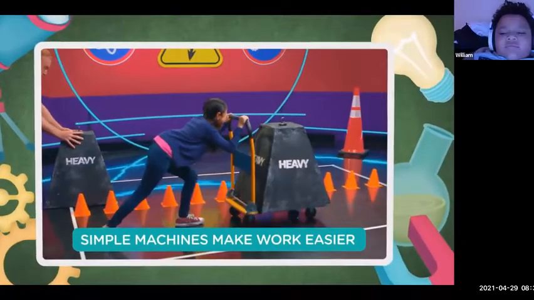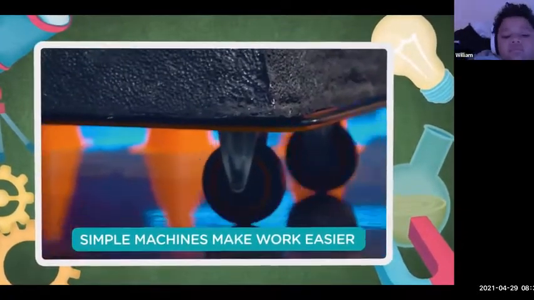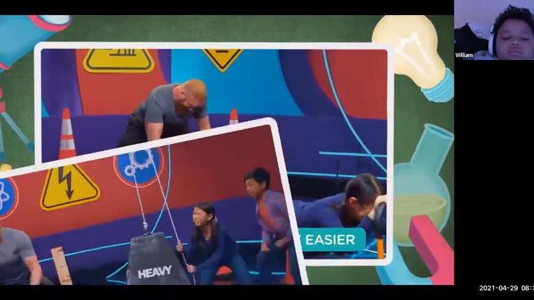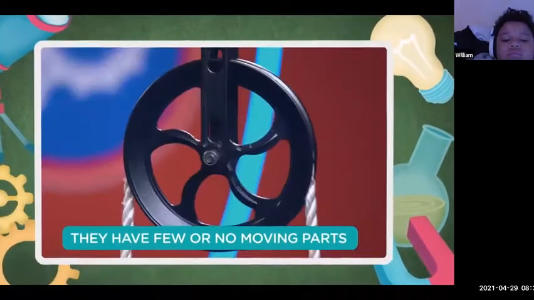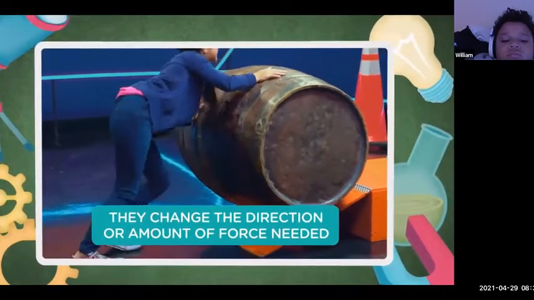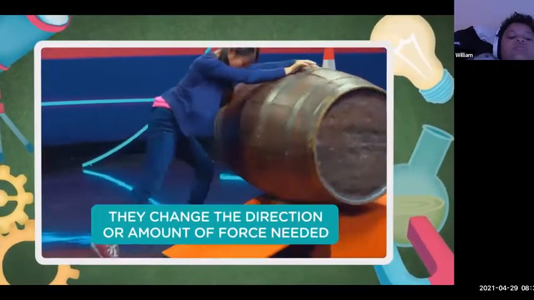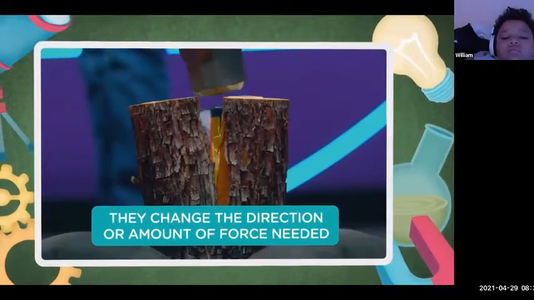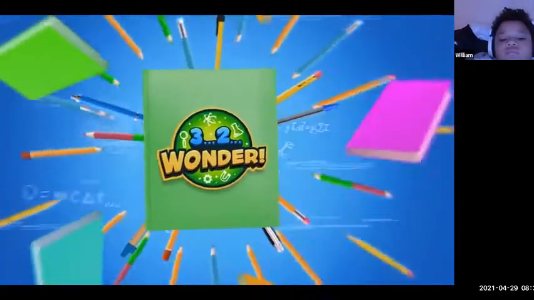Today, we'll learn that simple machines make work easier, that they have few or no moving parts, and they work by changing the direction of a force or the amount of force needed to do something. 3, 2, Wonder!